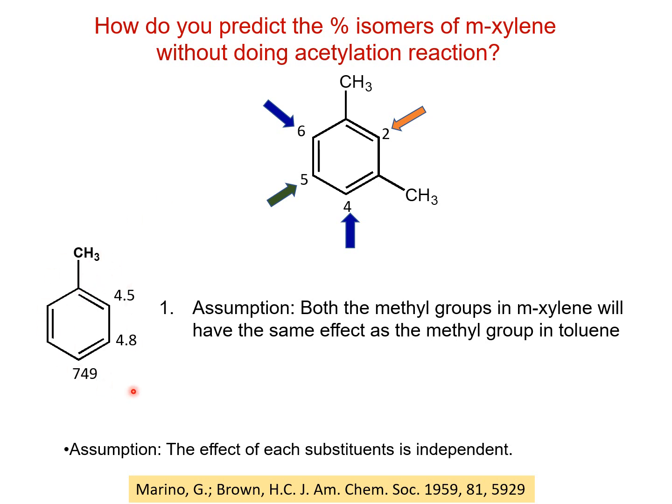The partial rate factor of acetylation of toluene was used to predict the percent isomer of the same reaction when carried out with metaxylene. As both the methyl groups are activating groups, the substitution can take place at each position of metaxylene.